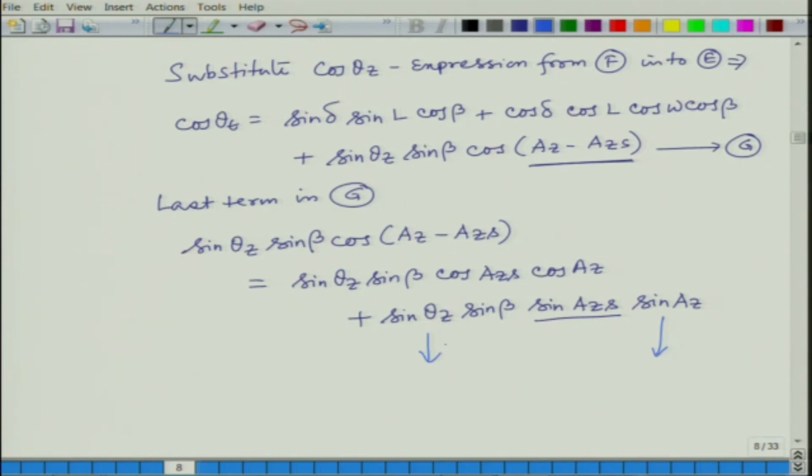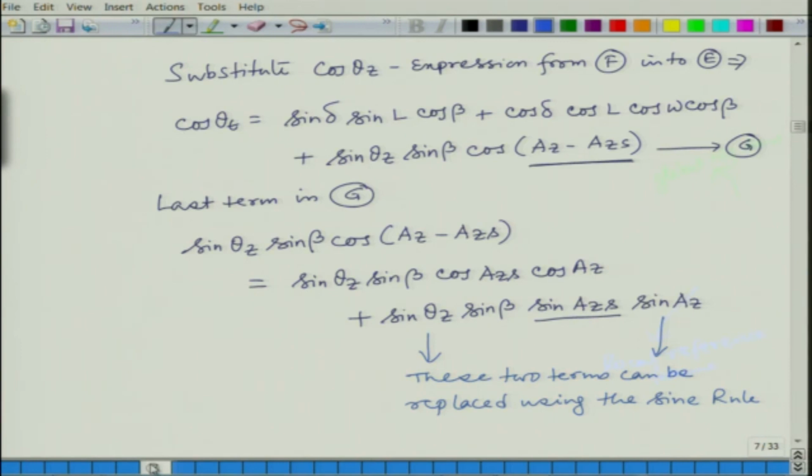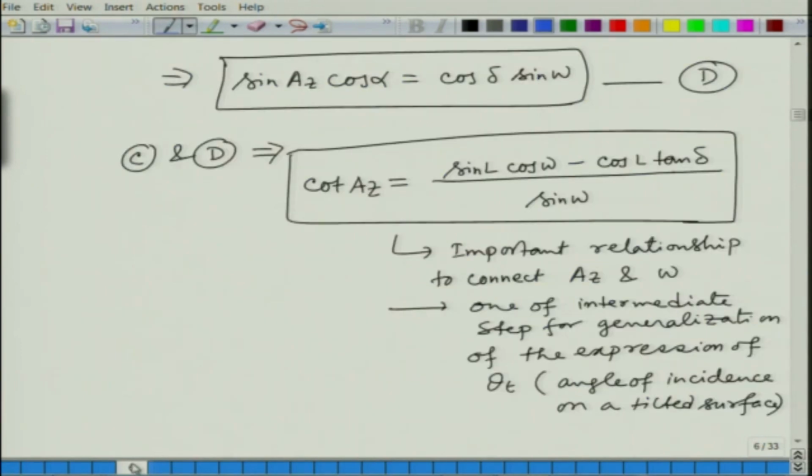So, these two terms can be replaced using the sine rule. We just derived that expression. So, let me go back to that sine rule. Yeah. So, here you see that the sine of A z expression can be taken from here.